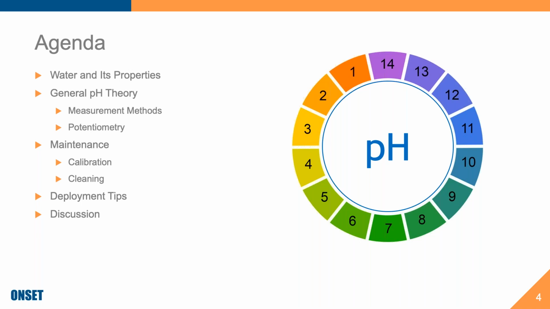We are going to start with water and its properties, since pH is an aqueous measurement. We are also going to discuss general pH theory, the different measurement methods, as well as specifically potentiometry, which is what this webinar is going to be covering. Then maintenance, calibration and cleaning for pH electrodes, and deployment tips.